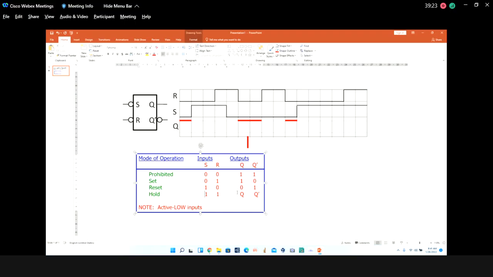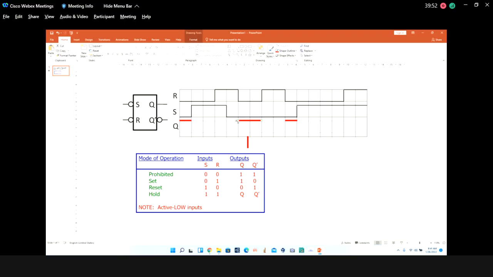After we finish with prohibited, we go to the set region where S is 0. We already settled 0, 0, so we do not need to care about this one. We just observe the location where set is 0. So this one, set is 0, so it will give us the output high.